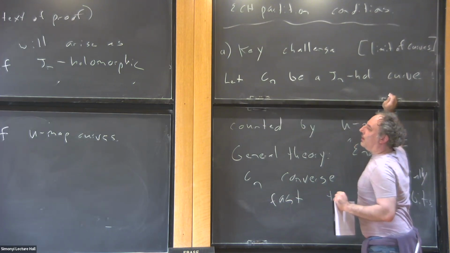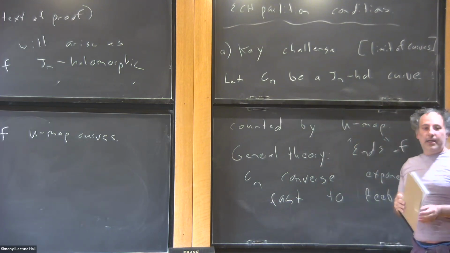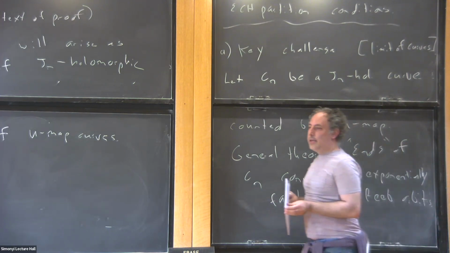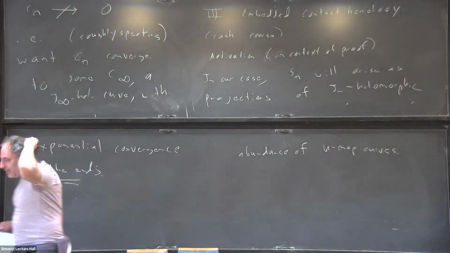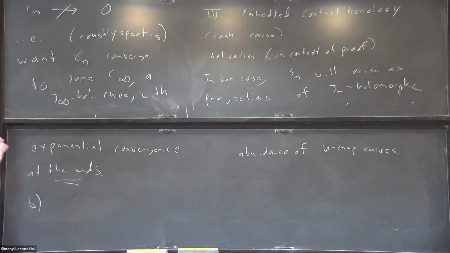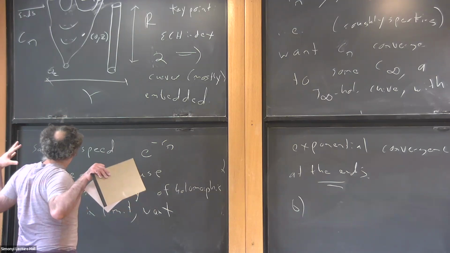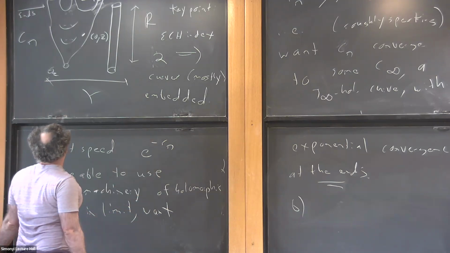Okay, so let me try to recap this for you and see if you have any questions about it. I'm being a little bit impressionistic for time reasons here, but remember, our game here is we wanted to take a limit of global surfaces of section and still have a global surface of section. So I'm saying there's some analytic machinery for J-holomorphic curves, and it's going to work a lot better if the thing that I get in the limit is the projection of a holomorphic curve with exponential convergence to its ends.